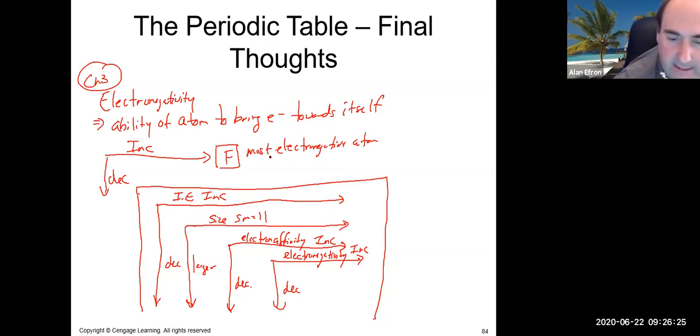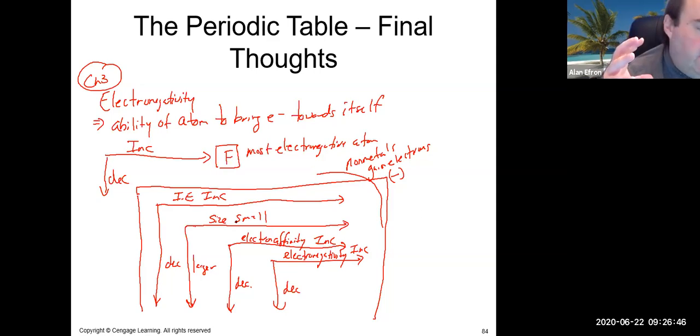So when we go this way on the periodic table, where our nonmetals are, those are essentially atoms that want to gain electrons. And that's why nonmetals are typically negatively charged. And with all these trends, when we go to the left and down on the periodic table, everything is larger, which means the electrons aren't held as tightly. It doesn't take a lot of energy to remove an electron, and they really don't have much interest in hanging onto their electrons.